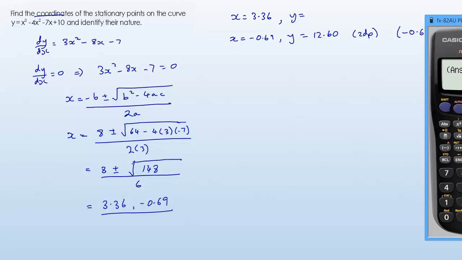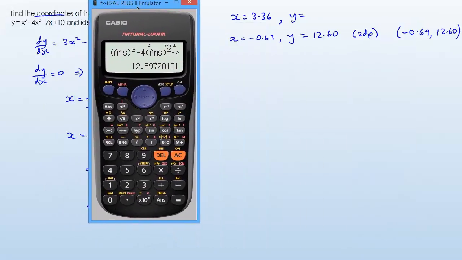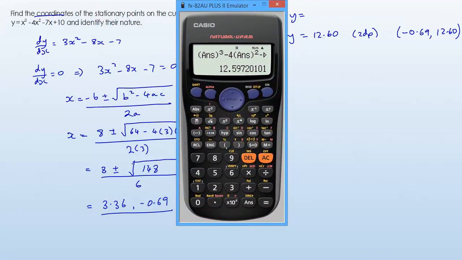And then let's just bring this back in and do the first one again. So that was the 8 plus the square root of 148 all over 6, and we'll use that as the last answer in the original.